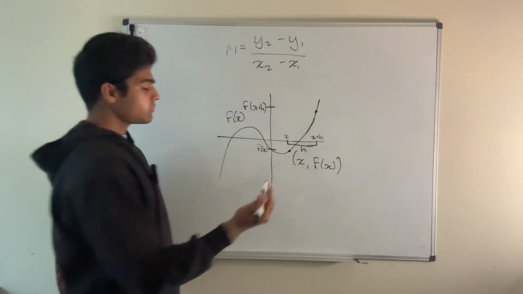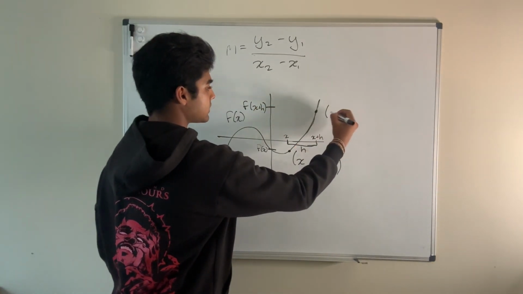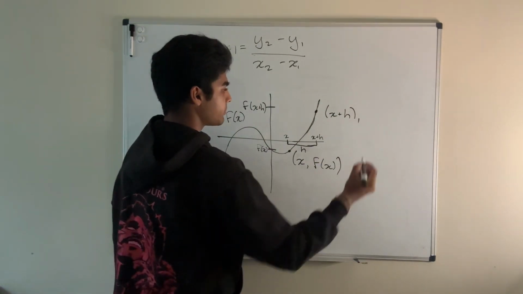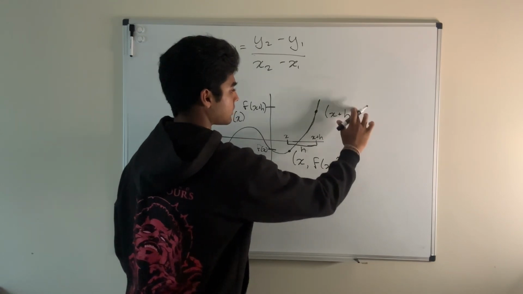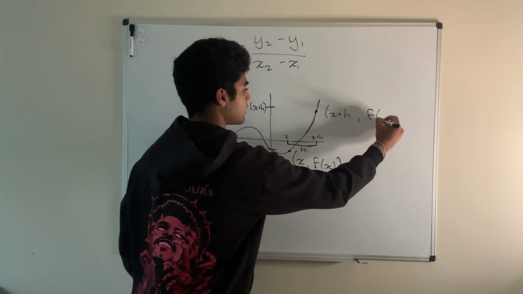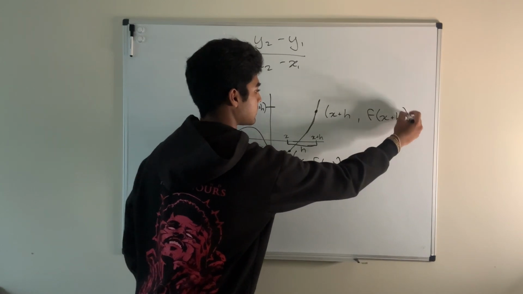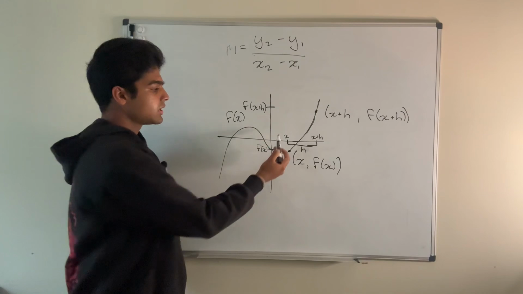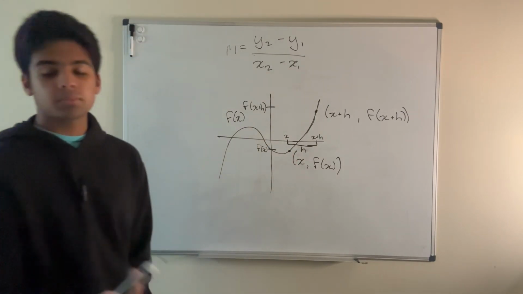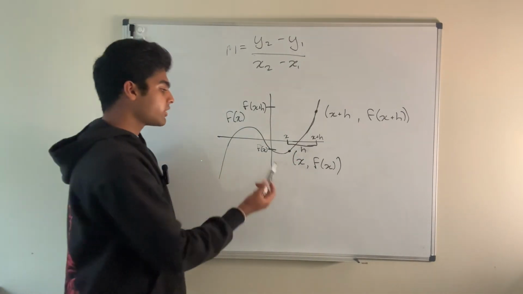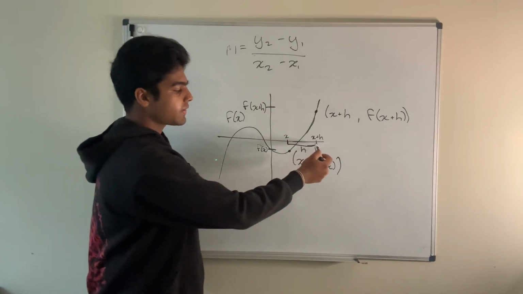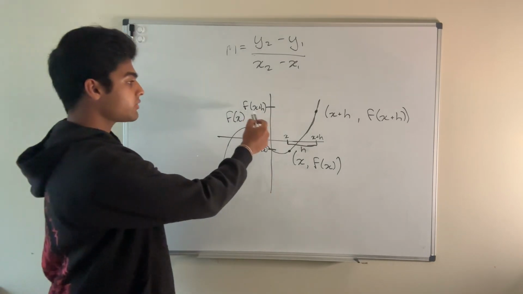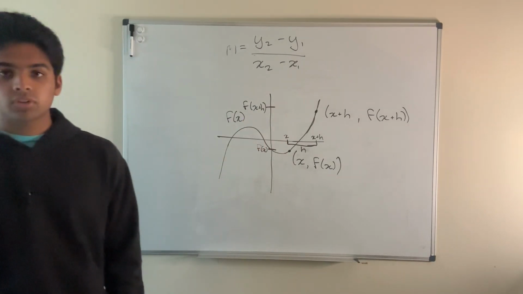So now we have this point, which would be x plus h comma f of x plus h. And that's just the function, because if we have the function f of x, if we have x as the x value, then our y value would be f of x. And same thing if we have x plus h as our x value, then we would have f of x plus h as our y value, right?